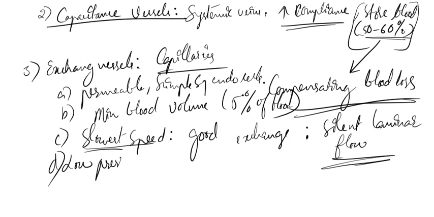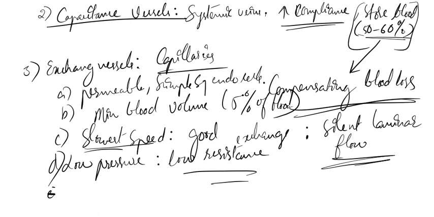So if there is low pressure, what will be low? Proportionally, resistance will also be low. So in the capillaries there will be low resistance due to low pressure. And one more important thing, please don't forget this line.